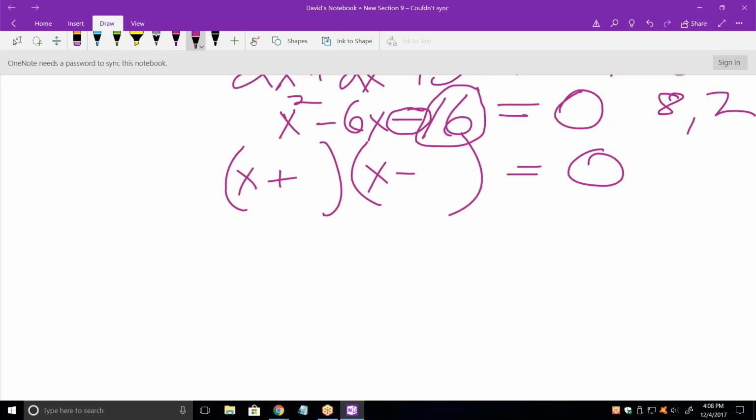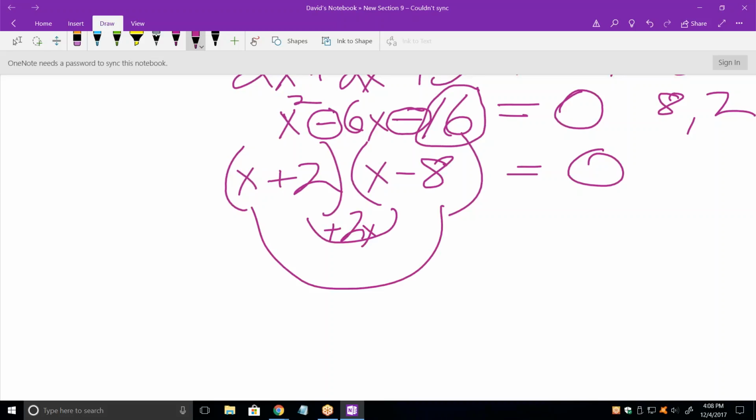They subtract to the number 6. And there's a fourth step. Whenever this sign is a negative on the constant, you have to put the larger of the two factors with the sign of the middle term. The sign of the middle term is minus, so my 8 has to go there, my 2 has to go there. If I check it, I got 2x minus 8x. That gives me minus 6x. I've done it correctly.